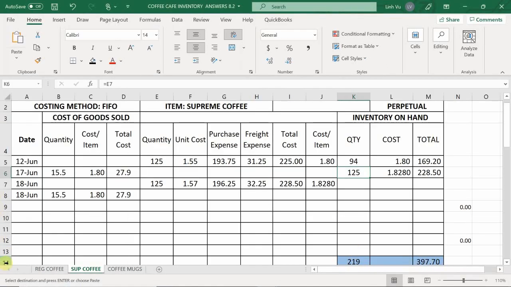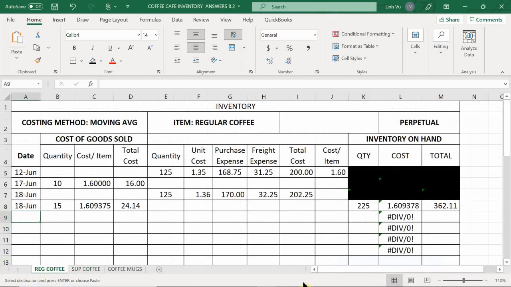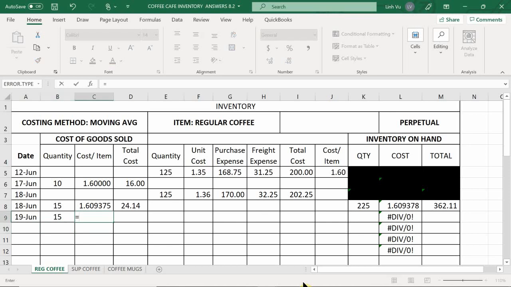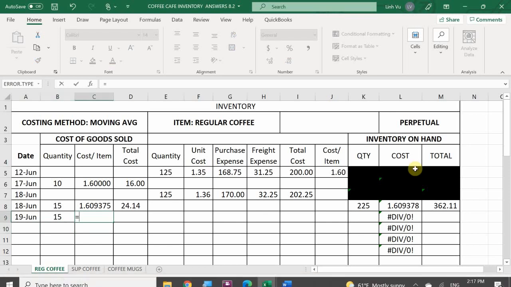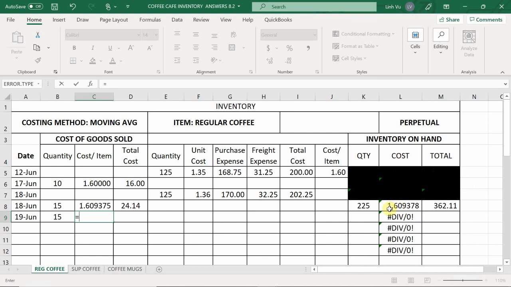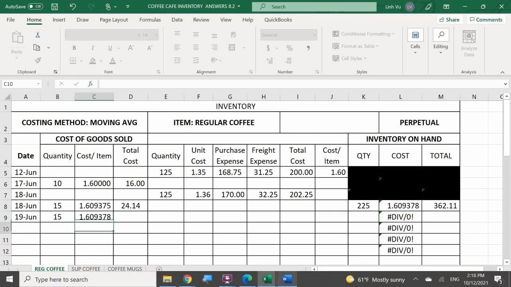Okay? So I sold 15 pounds of my regular coffee. At what cost per item is my regular coffee? 169.378. Okay?